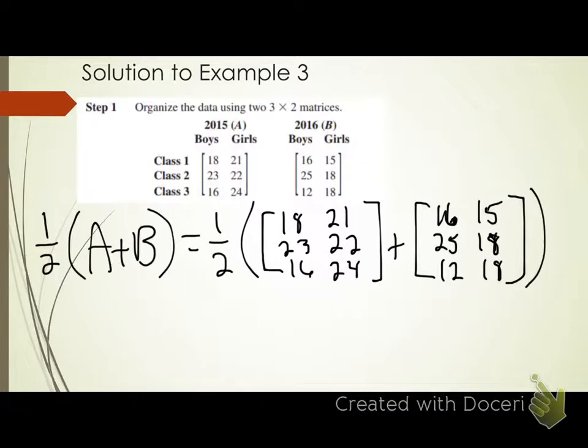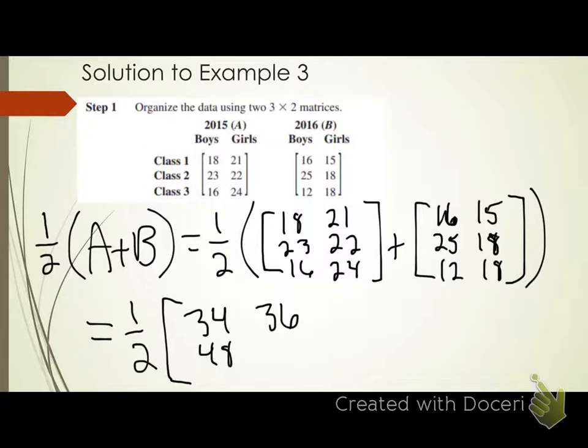So we need to use our order of operations. Order of operations tell me to do parentheses first or grouping symbols. So I'm going to add my two matrices first. So I get 1/2 times the matrix 18 plus 16 would give me 34. 21 plus 15 would give me 36. 23 plus 25 would give me 48. 22 plus 18 would give me 40. 16 plus 12 would give me 28.